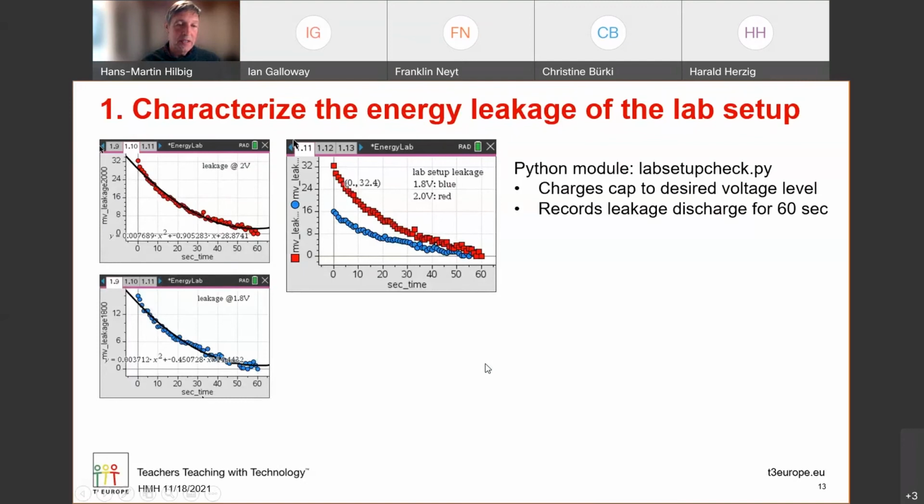So what I did here is I charged the supercap to 2.0 volts, or 2000 millivolts, and then I just recorded 1 sample per second throughout 60 seconds to see the leakage characteristic of my energy setup. And you see a nonlinear characteristic here, and I was trying to do some regression.